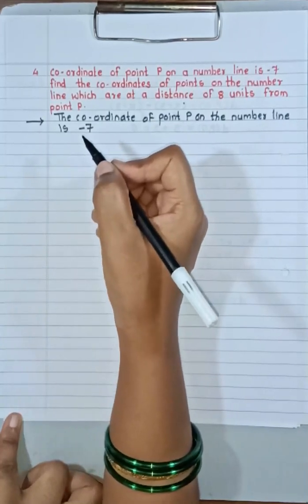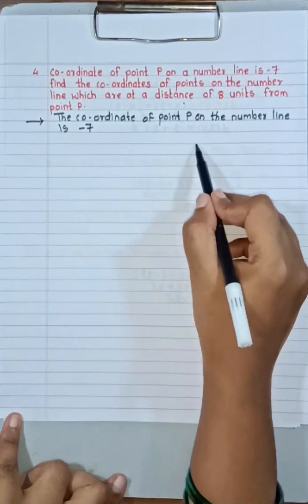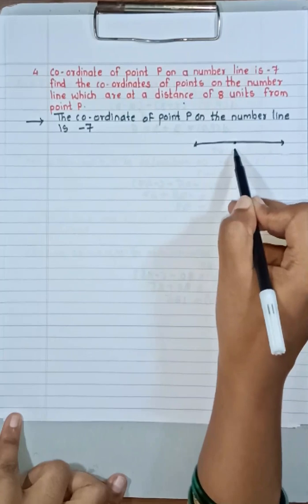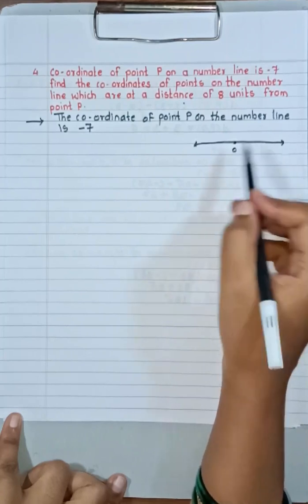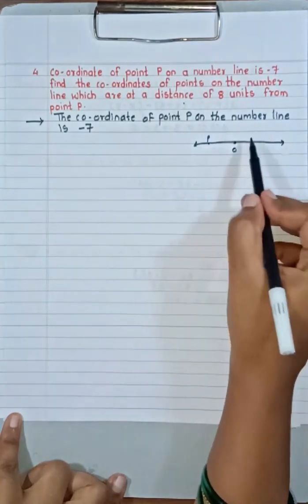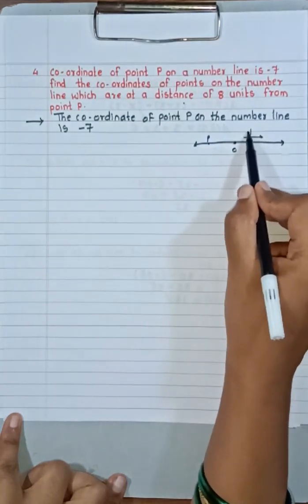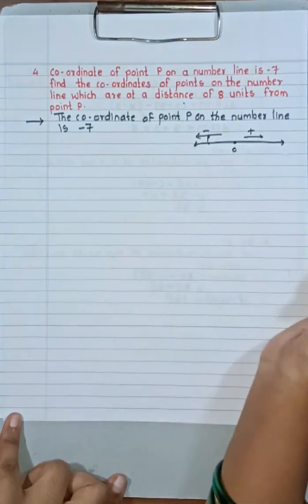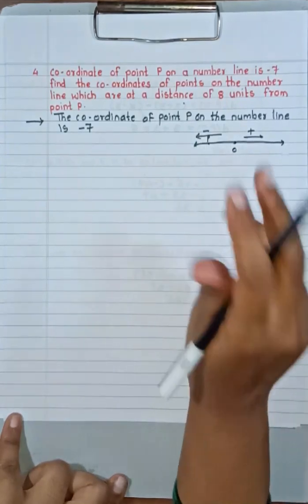Okay. Now if you consider the number line, if you take here 0, and suppose here it is point P. Now the numbers to the right are positive numbers and the numbers towards the left are negative numbers. Okay. Now there are two possibilities.